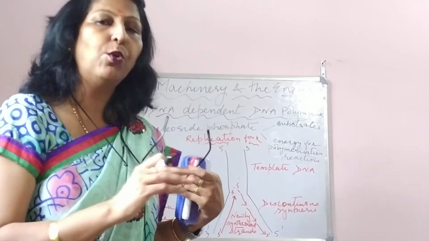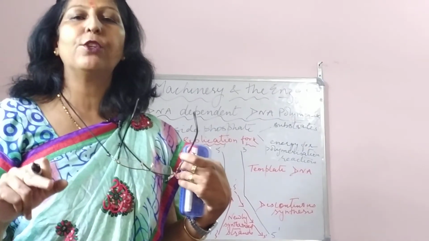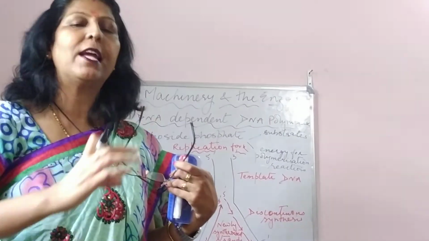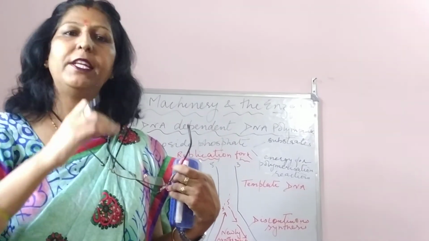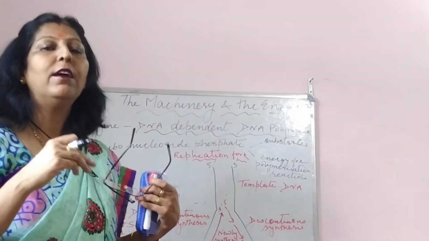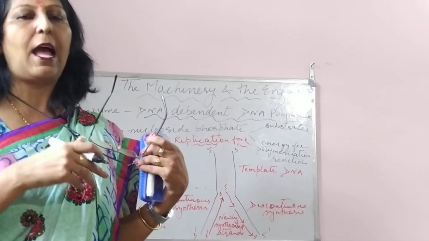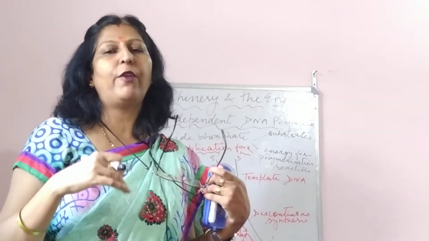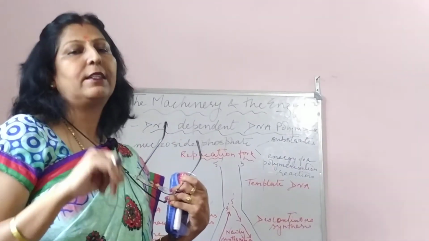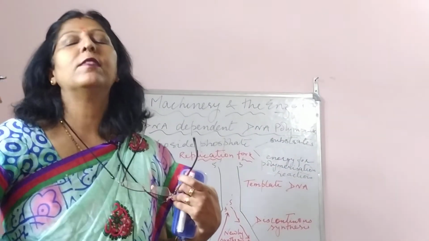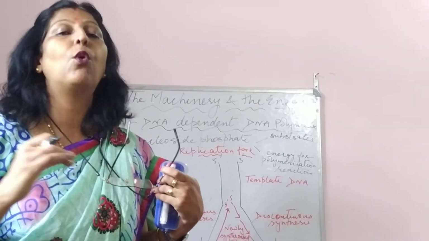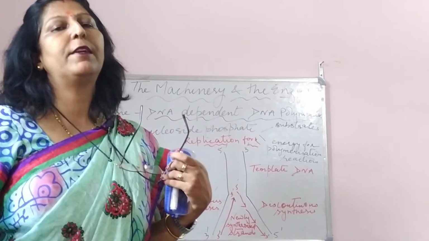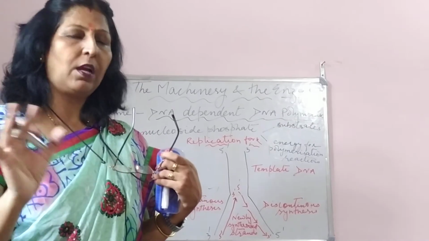If cell plate formation does not take place, the DNA replication has happened and cell division has not, then polyploidy will result. What will happen in the same cell, there will be two sets of chromosomes, two sets of DNAs. So instead of 2n, it will become 4n or 3n. That will not be on the positive side, there will be mutations, some deformities, some problems will be shown. So it's very important that DNA replication and cell division are correlated and coordinated. As soon as replication takes place, after that the cell division has to be completed, cell plate formation, it has to divide into two. So these two are coordinated.